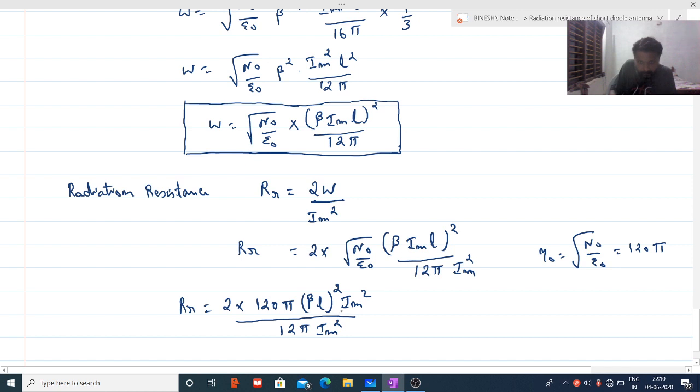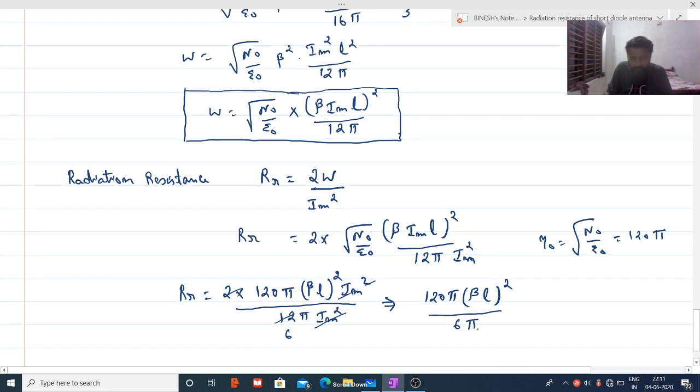Im square. So this Im and this Im will get cancelled. That implies this and this get cancelled. This will be 6. So that implies 120 pi beta L the whole square divided by 6 pi. Okay, one more term is there.